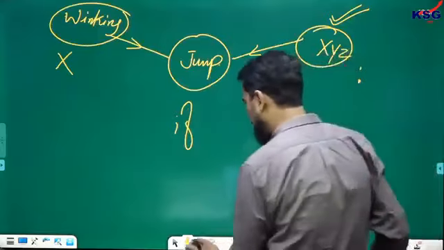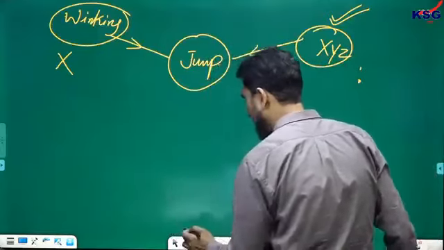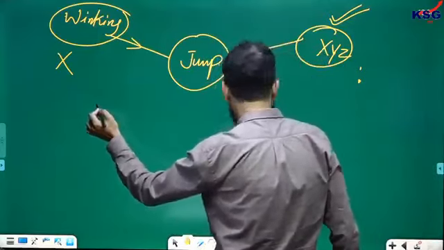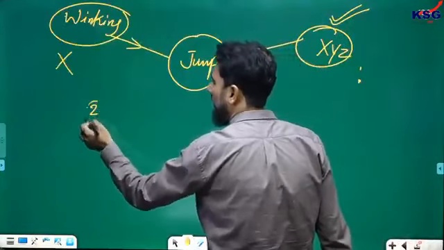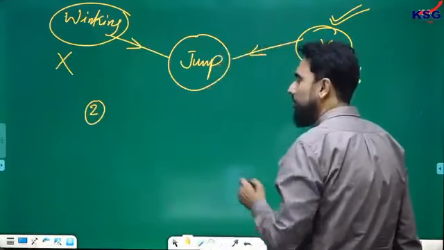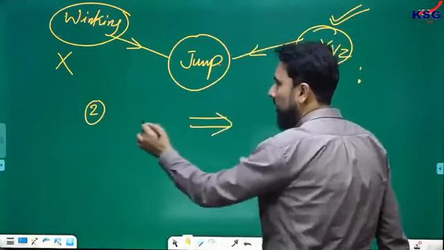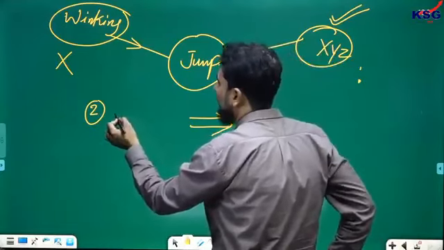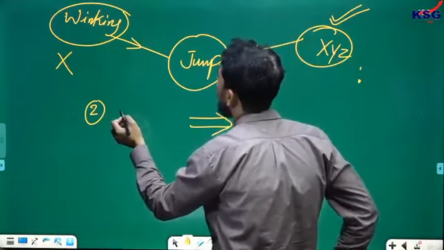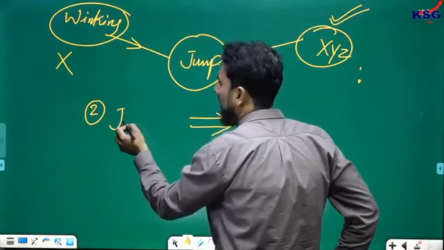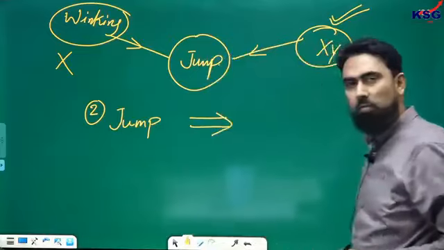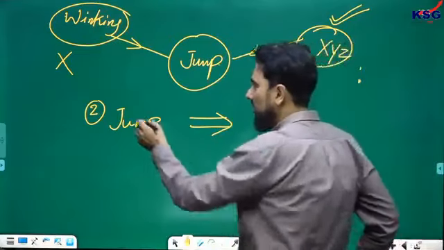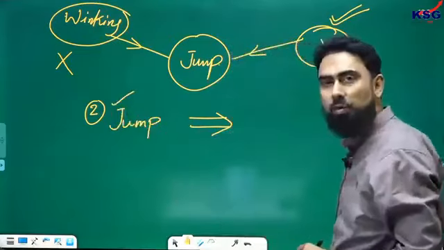If I write another option over here, so I'm going to write option number 2 for you. Another case. Same way. The premise is that there is jumping. This person jumped. Yes, the person, he jumped out of the window.